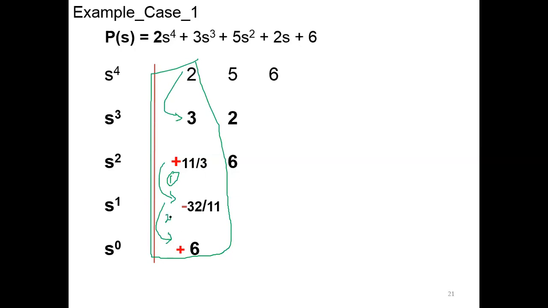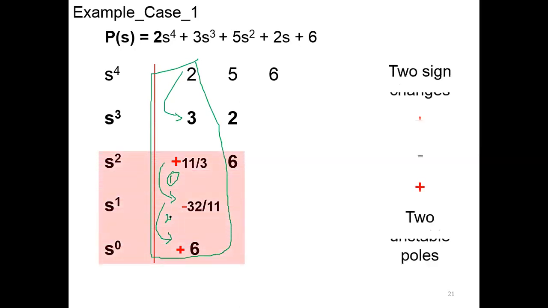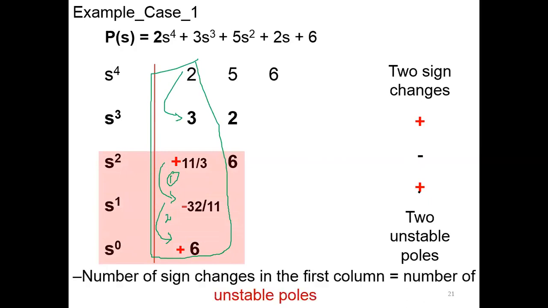So there are two sign changes. That means we have two poles in the right half plane. Two sign changes, positive to negative and again negative to positive. So two unstable poles. Number of sign changes in the first column is equal to the number of unstable poles. The remaining poles will be in the left half plane. For the imaginary axis, we will see case number 3.